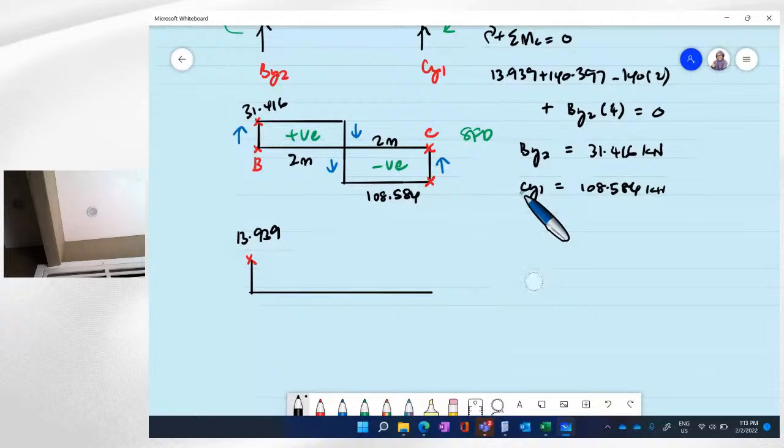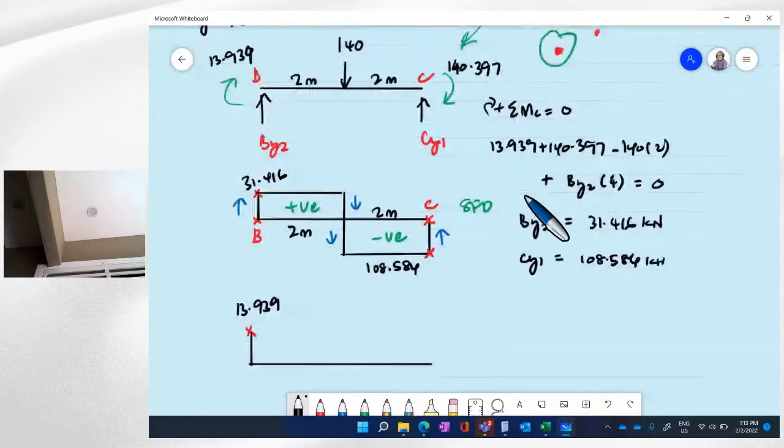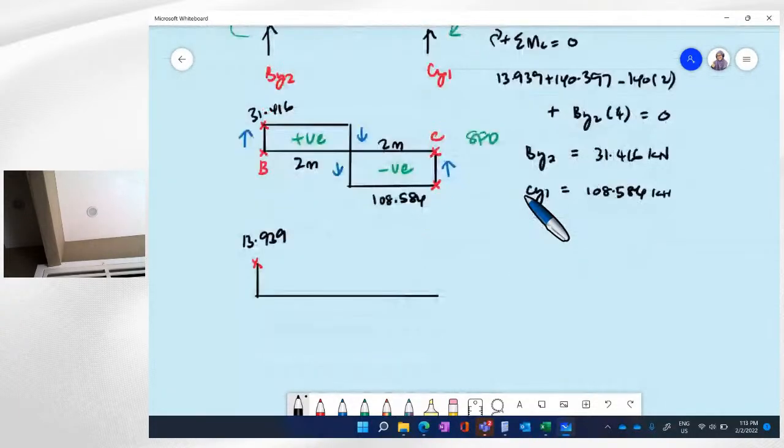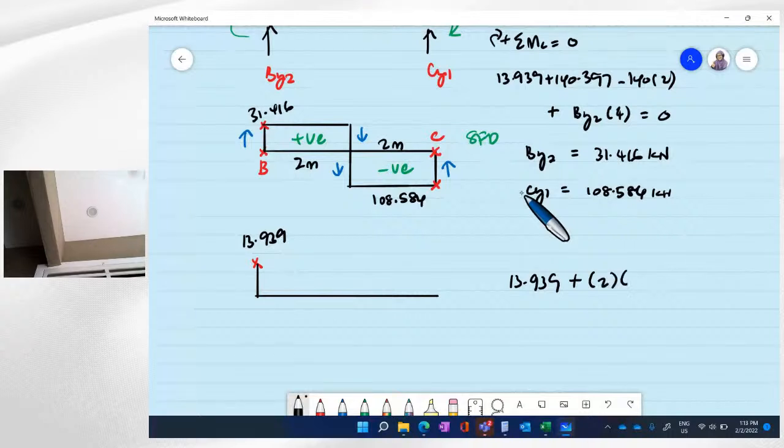No, this is not the moment. The moment is 13.939. We have to plus with area. It is 2 times 31.416.